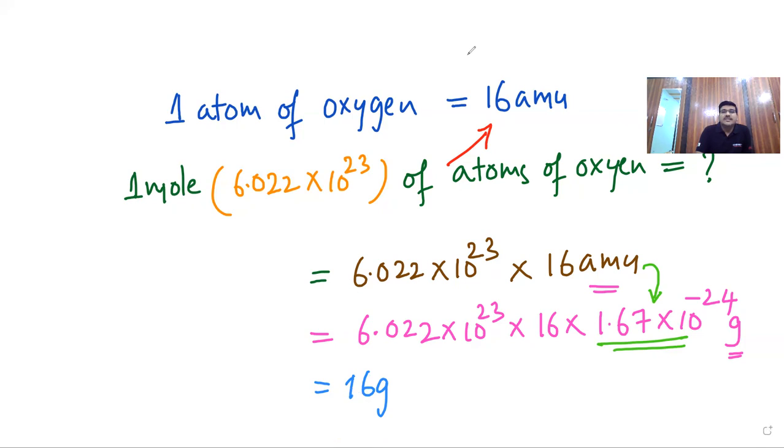This entire thing, 6.022 into 10 to the power of 23 into this quantity, becomes 1, and only 16 is left, 16 into grams, 16 grams. That means 1 mole of oxygen atoms consists of 16 grams.